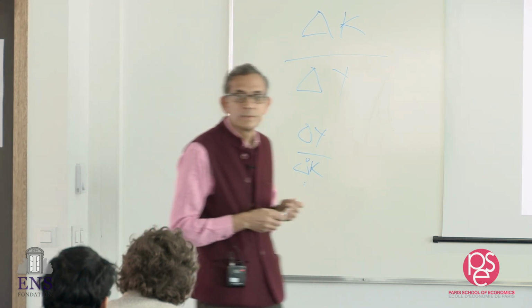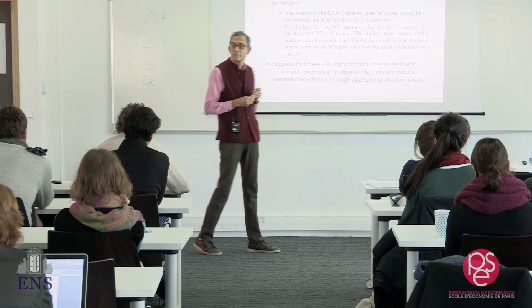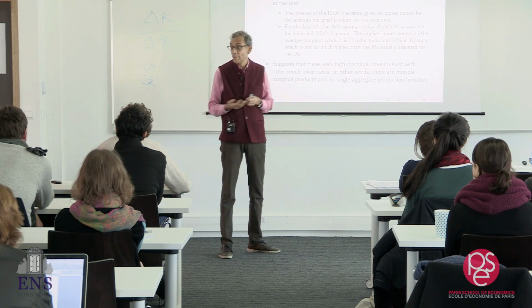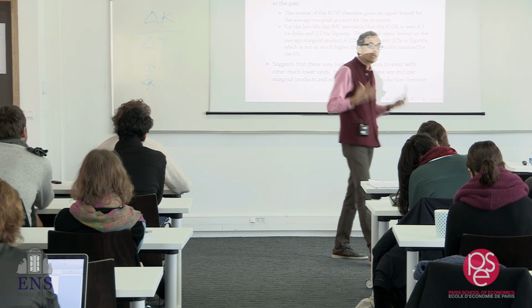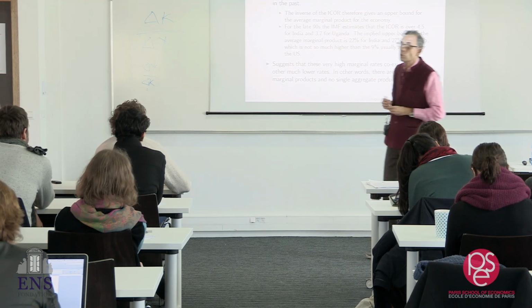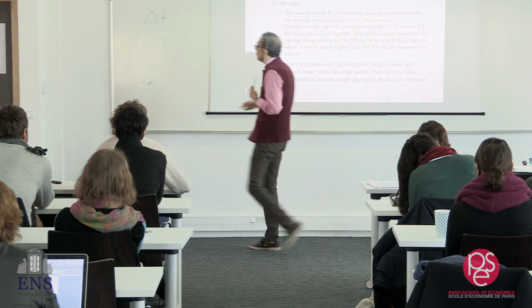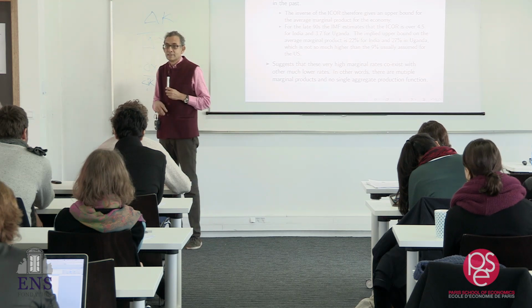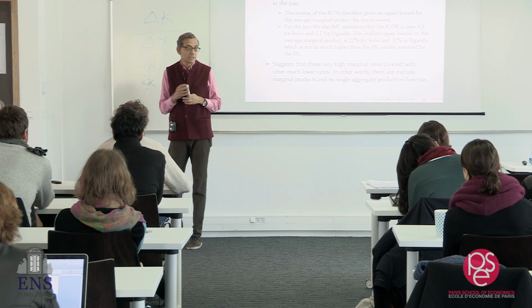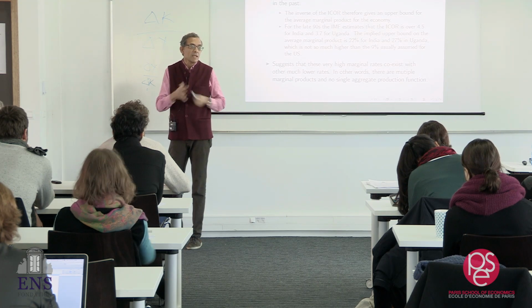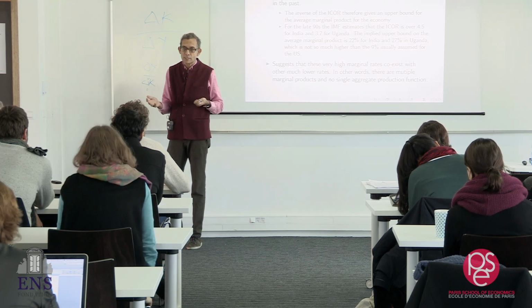What does it look like? The marginal product of capital. It looks exactly like the marginal product of capital. In fact, it's not the marginal product of capital because, of course, K is not the only thing that changes. And these are not marginal changes, they're non-marginal changes. Human capital changes, labor force changes.